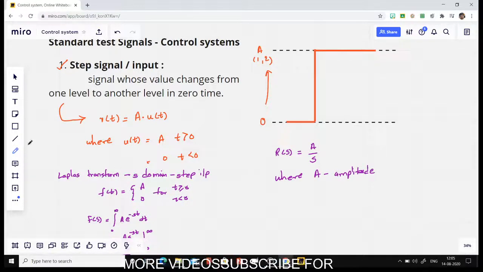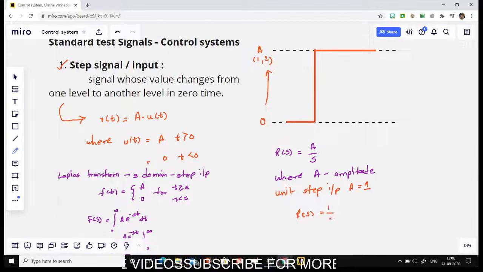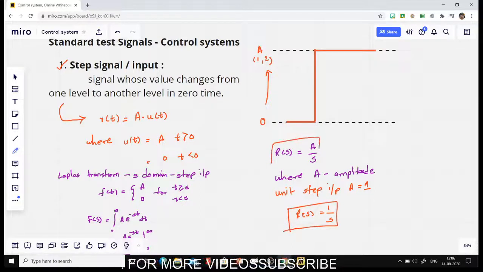If the system is asked to have a unit step input, then you replace A by 1, and that will give you R of s is equal to 1 upon s.